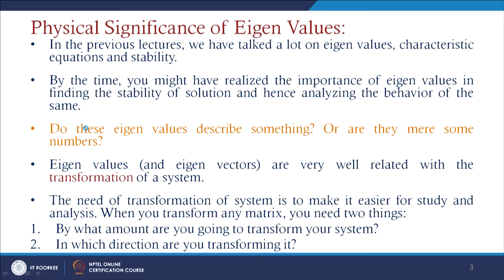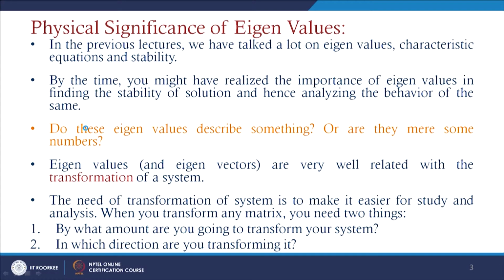So, do these eigenvalues describe something, or are they merely numbers? If eigenvalues exist for a system of equations, then corresponding to each eigenvalue we will have certain eigenvectors, which may be repeated or distinct. They are very well related to each other for a transformation of any system.